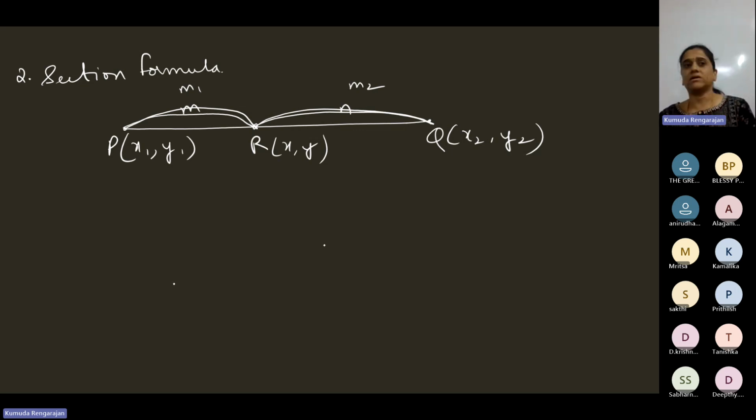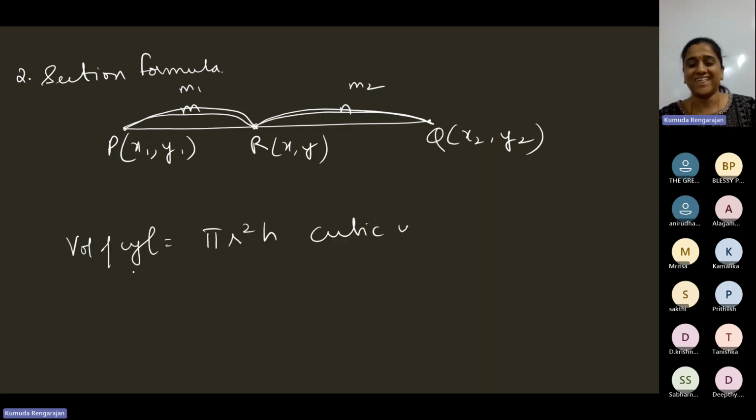Now the direct application of the section formula. What do I mean by saying direct application? Let me make that clear first. Say the volume of a cylinder is given by the formula pi r square h, cubic units.